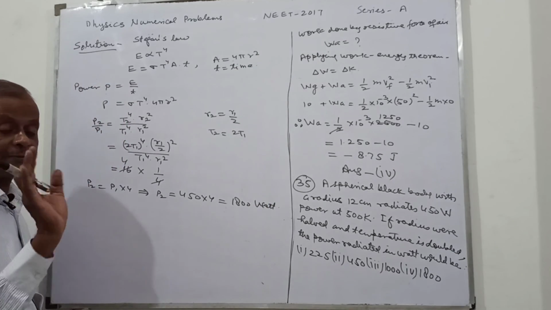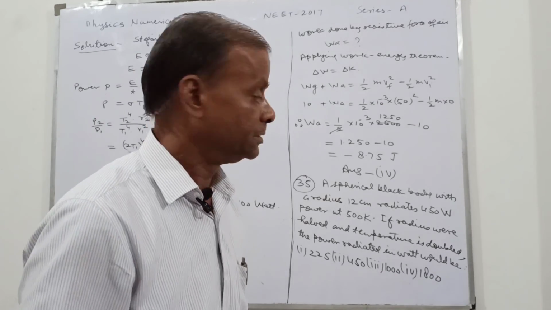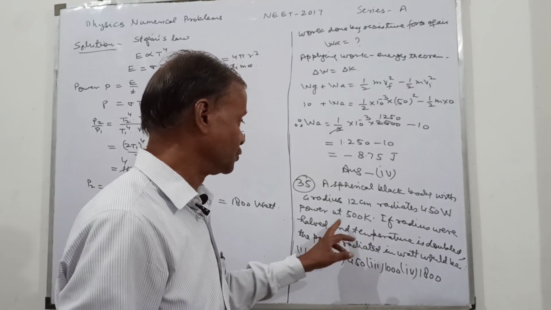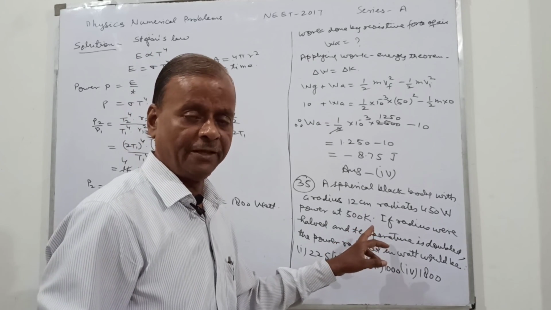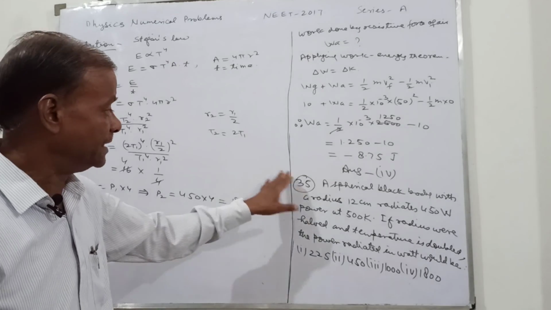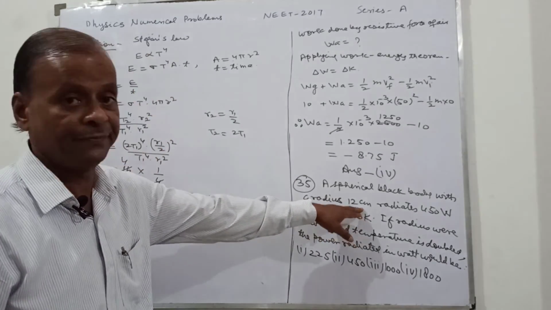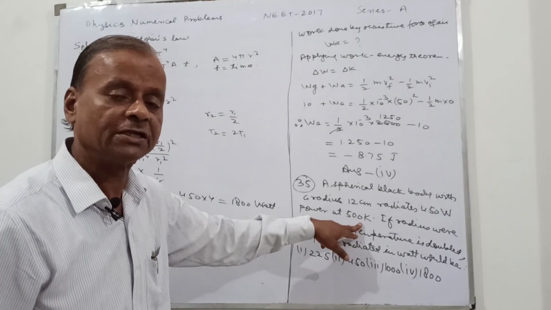So this is a direct application of the Stefan's law. But here we have to remember the radius is halved, so these data are not being used. If you use them, you will find the same thing: this 12 centimeter will be 6 centimeter, and this 500K will be 1000K.